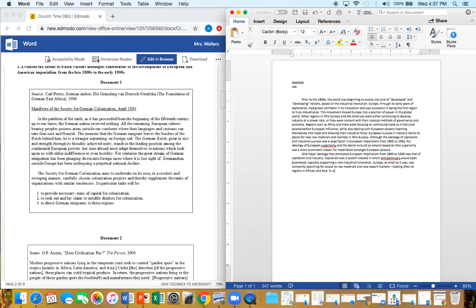In a German manifesto, this idea is present.